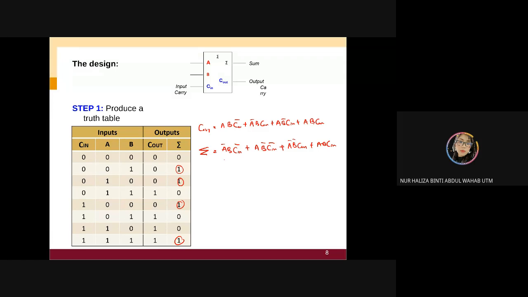So this is in terms of SOP standard. So please make sure you know how to construct it from the truth table.